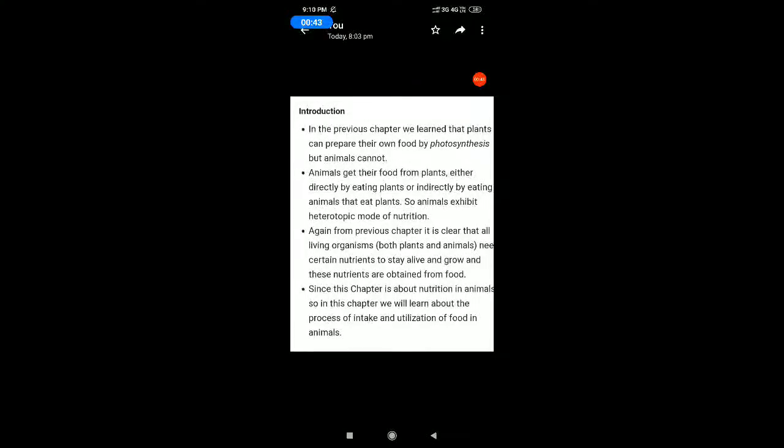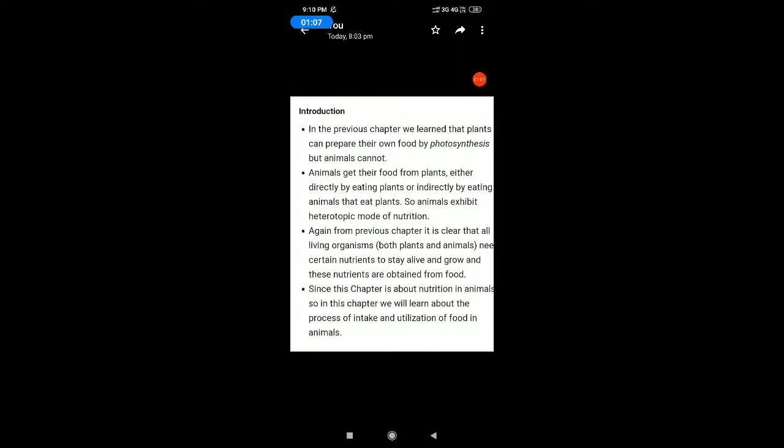Next, nutrition in animals. First, introduction. In the previous chapter, we learned that plants can prepare their own food by photosynthesis, but animals cannot. Animals get their food from plants, either directly by eating plants or indirectly by eating animals that eat plants. So, animals exhibit heterotrophic mode of nutrition.